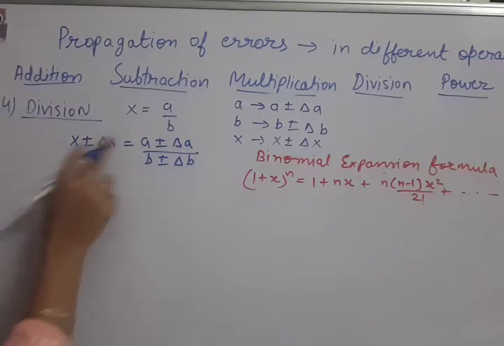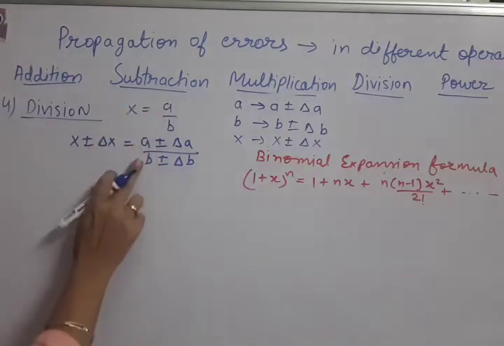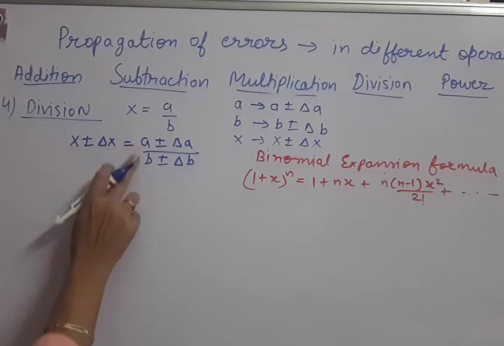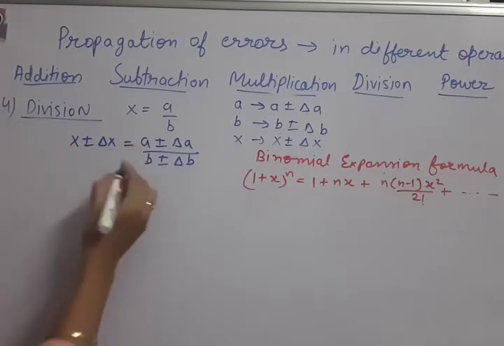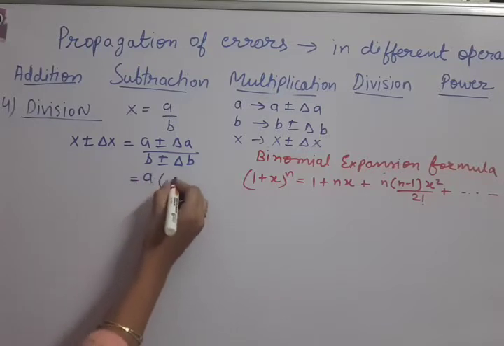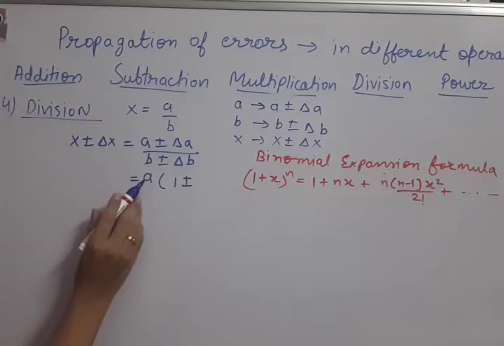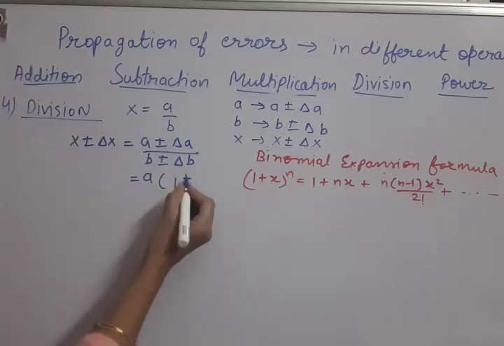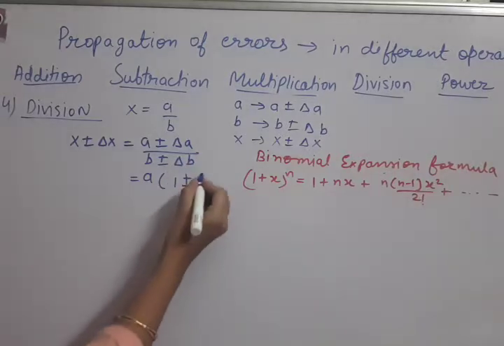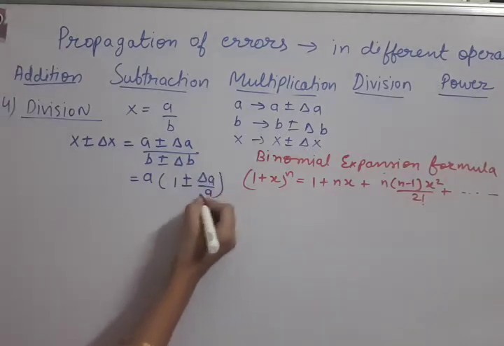Now x equal to a upon b, here a upon b is appearing, but it cannot be cancelled just now. So what we need to do, a we will take common in this box. If a is taken common, here 1 will be left, and here delta a upon a will be left.